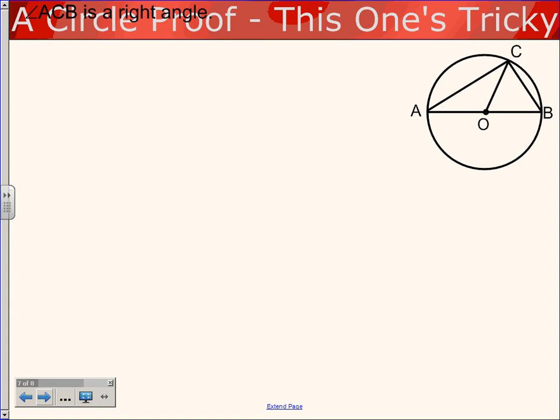We've proven that things are equal before using vectors. But if we want to prove that it's a right angle, that's the same as proving that, oops, that's not the way I wanted to write it. We want to prove that vector CA is perpendicular to vector CB, right?